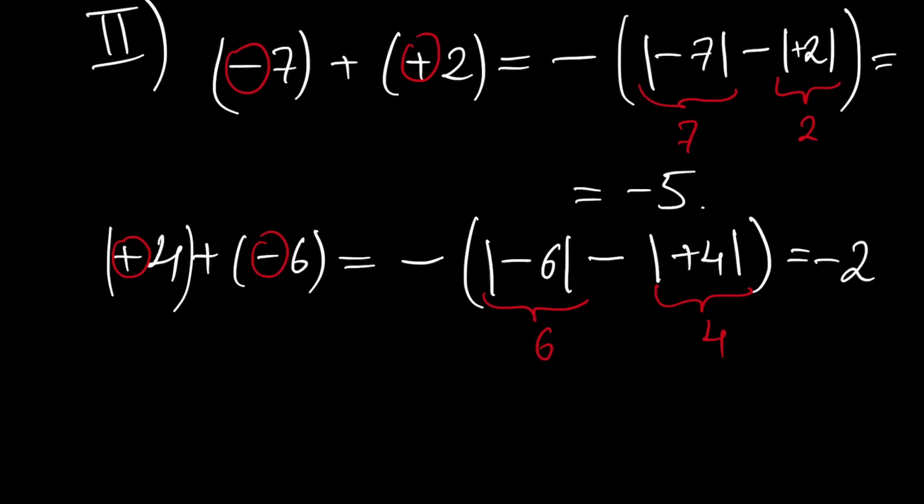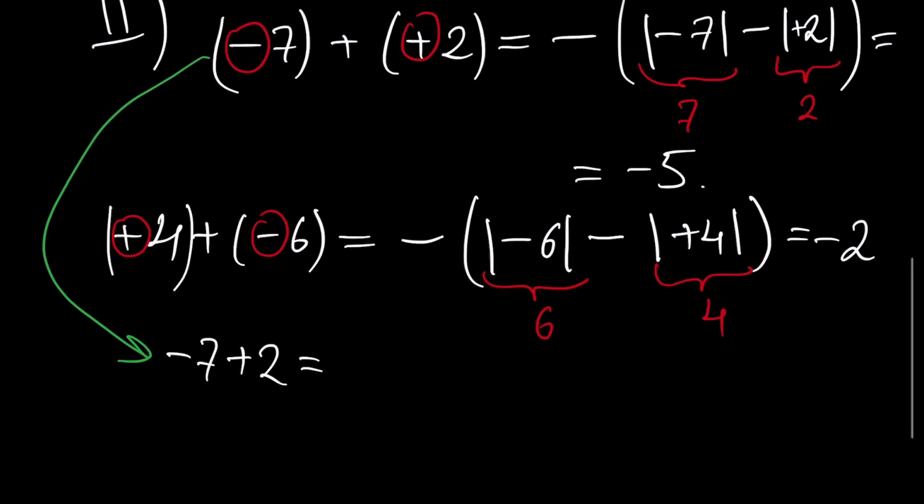Of course, this is a formal approach, and we can use logic to calculate these examples. For example, the first example, minus 7 plus 2, since minus 7 can be written as minus 5 minus 2, we write minus 5 minus 2 plus 2.